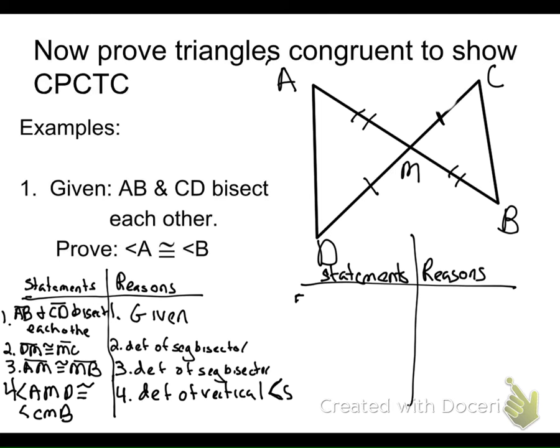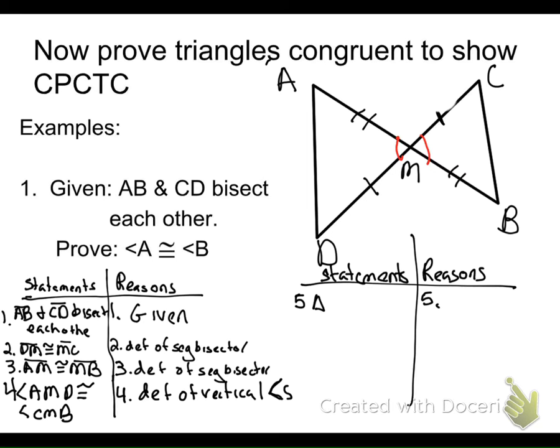Okay, so I'm on step 5. With step 4, I'm going to draw it in red. That's what we showed. So what can we say about these two triangles now? We know that we have a congruent side, a congruent angle, and a congruent side between the two triangles.